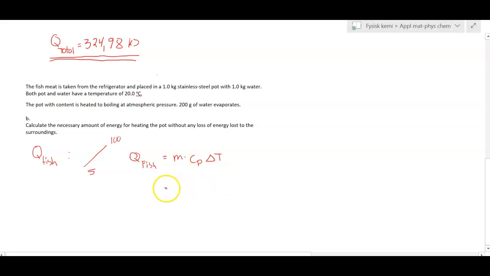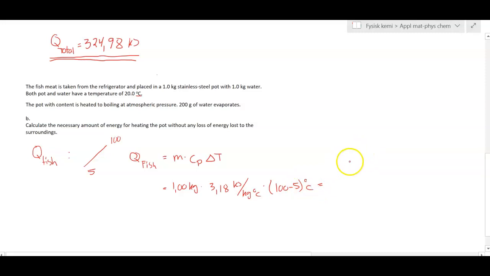And that equals 1 kilo times 3.18 kilojoules per kilo and per degree centigrade times delta T, 100 minus 5 degrees centigrade.